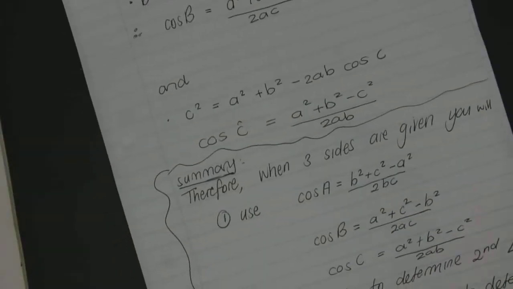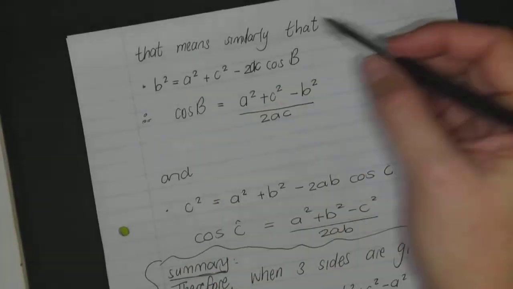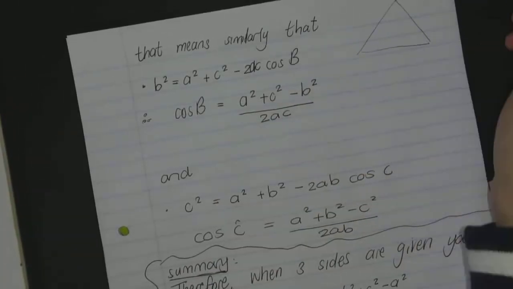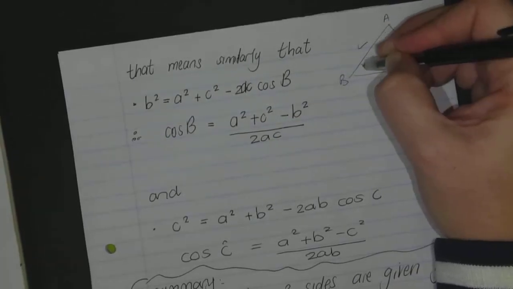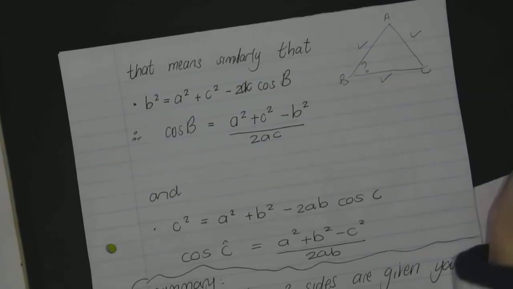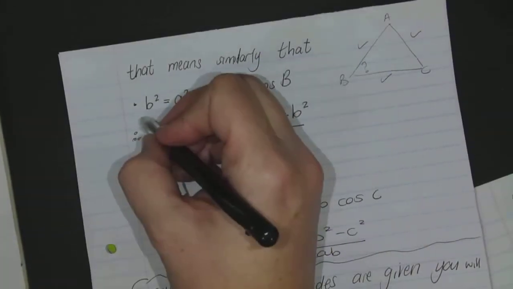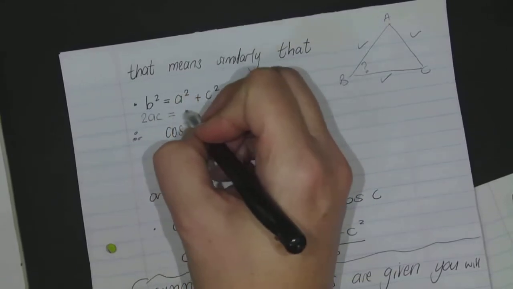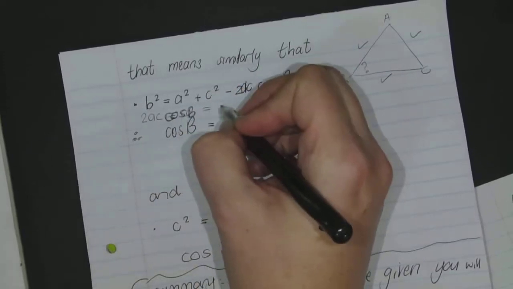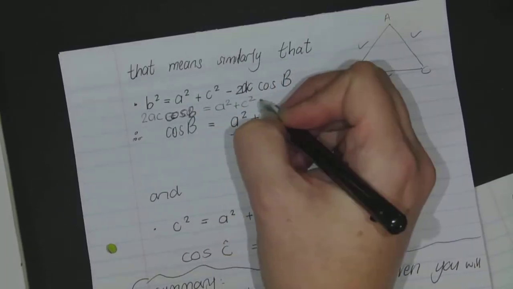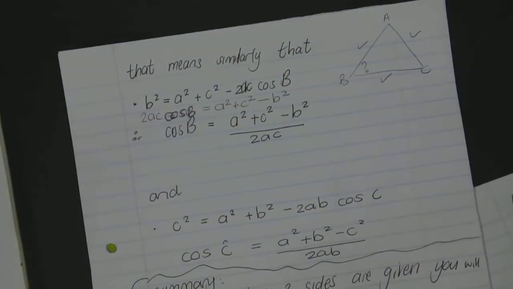I can do exactly the same if I have a triangle ABC, I give you all 3 lengths and I ask you for B. So minus 2ac will move to the left, cos B, and a squared plus c squared will get the minus b squared on the right.